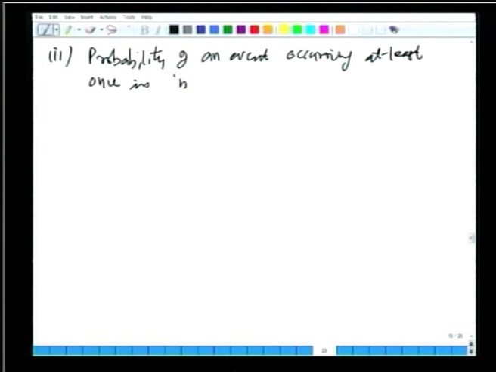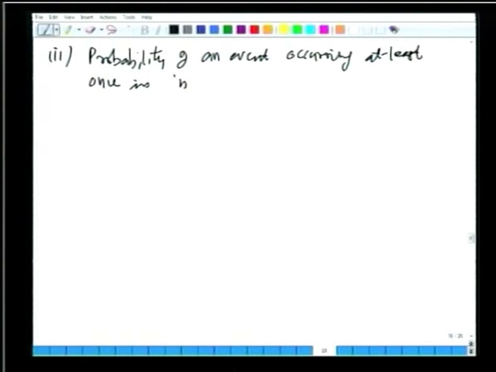Okay. This is also very important. It will be given by 1 minus the probability of what event? Of not occurring at all, which we have just seen.